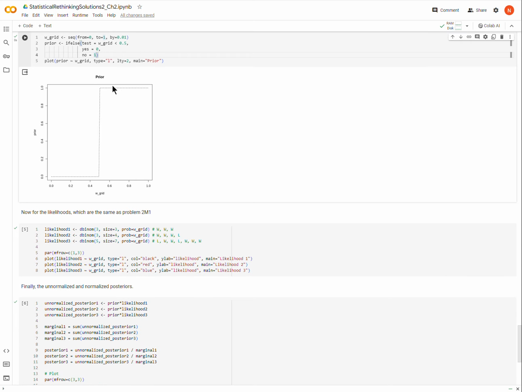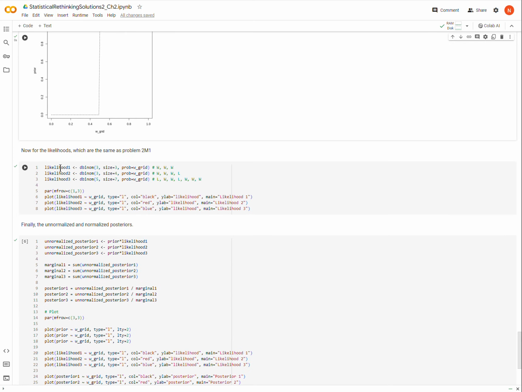All that's important is that each of these values along here has the same prior probability. Now we have our different likelihoods. We model the likelihoods as binomial distributions because when we catch the globe, our finger either lands on water or on land. There are two possible outcomes, and we can model that with a binomial distribution. So this is 3 waters in 3 tosses, 3 waters in 4 tosses, and 5 waters in 7 tosses.